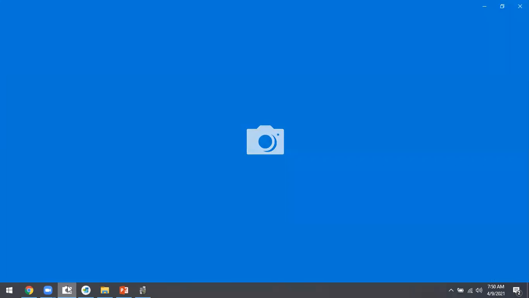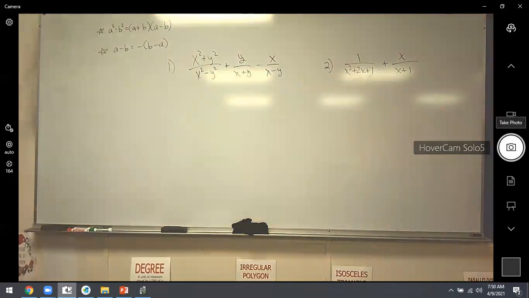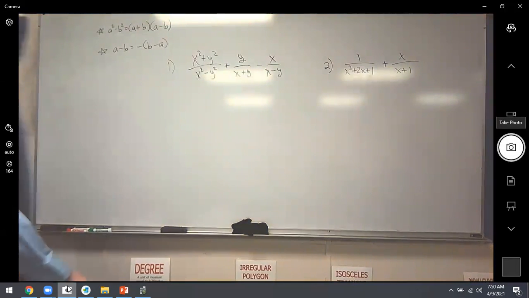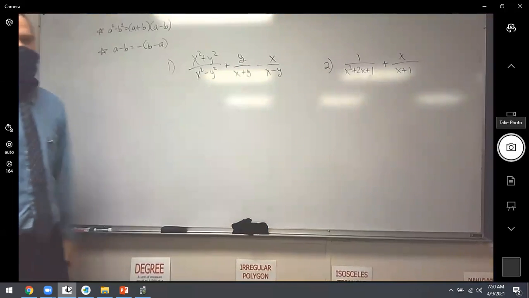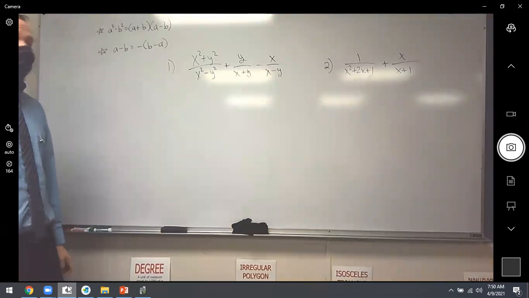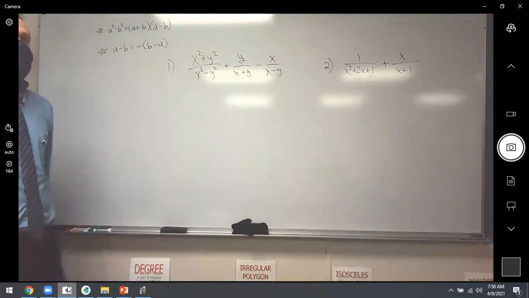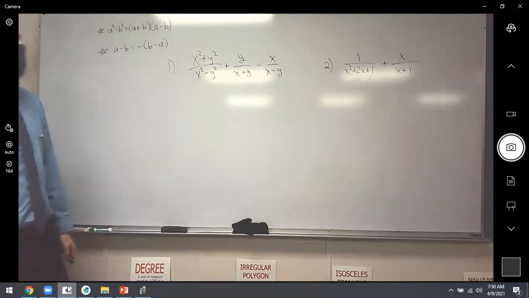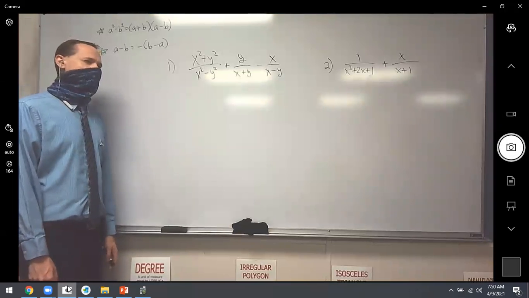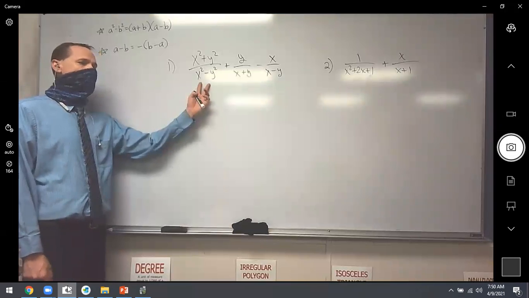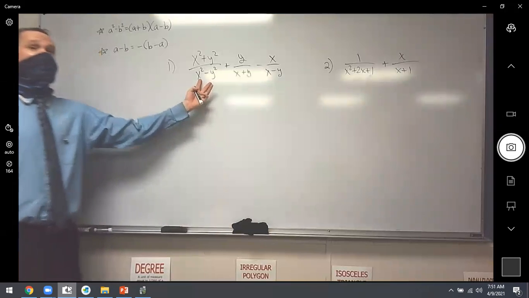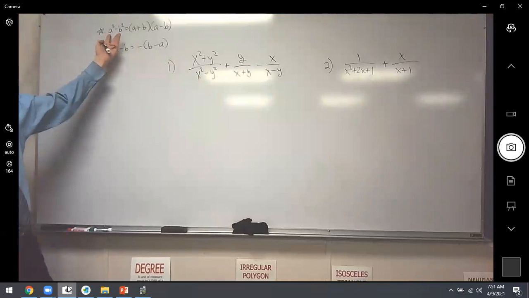So here we go. Number one, we have our fraction x squared. We got three fractions. Oh no, that's all right. Well, if I have to add three fractions, I'll get them all to have the same denominator, not all their tops together. But I wonder why they gave us these particular denominators. This one right here is flat out by definition a difference of squares. Would you agree? It's something squared minus something else squared.